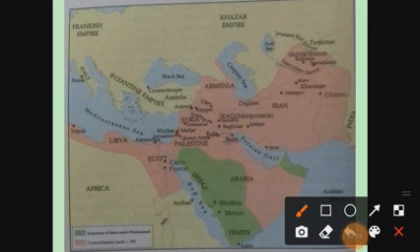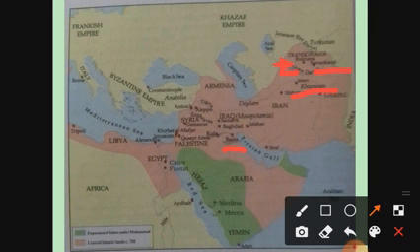Now here is Basra, again near to the Persian Gulf. Then here is Khurasan, you can see here. Then above that is Samarkand. Then here in bold letters Transoxiana is written. Just below that is Bukhara. This one.